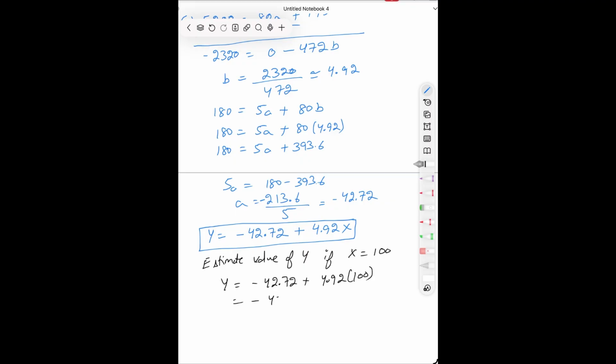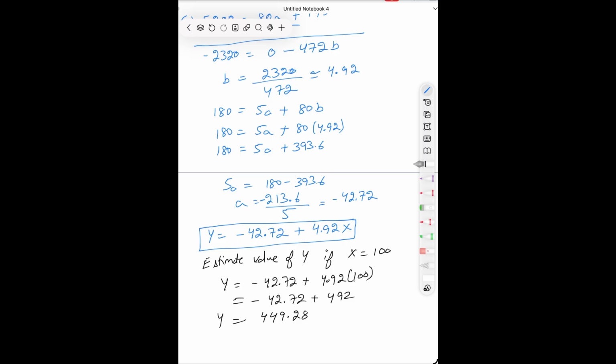That would mean minus 42.72 plus 492. So the value of y comes to 449.28. This will be your estimated value of y.